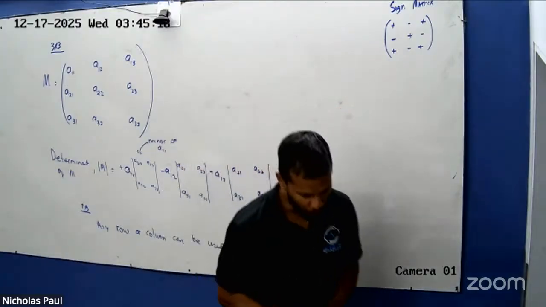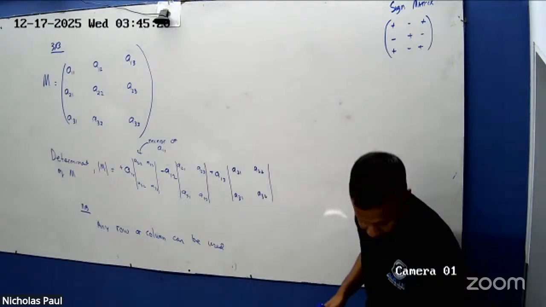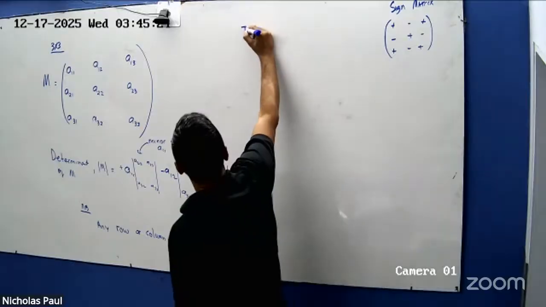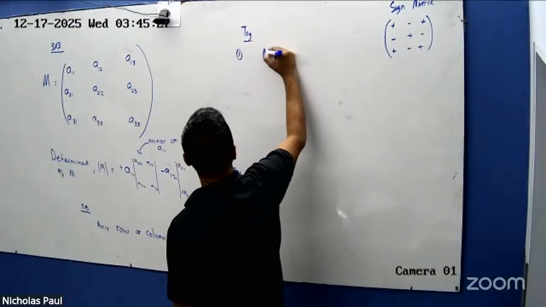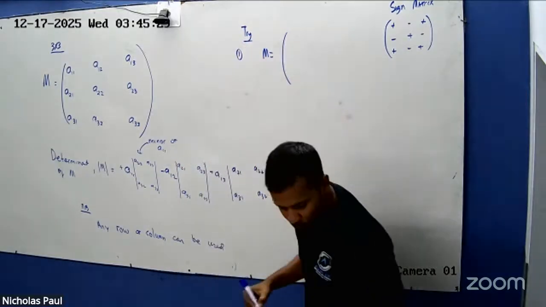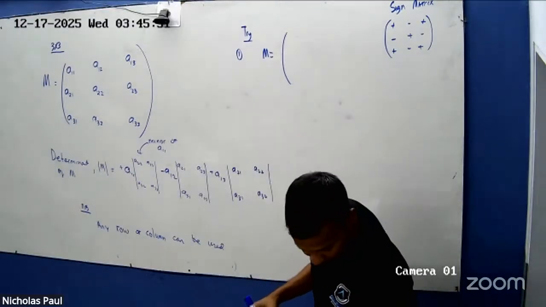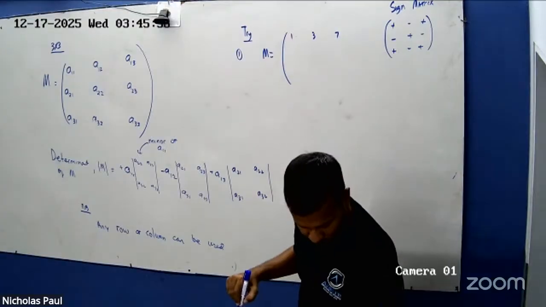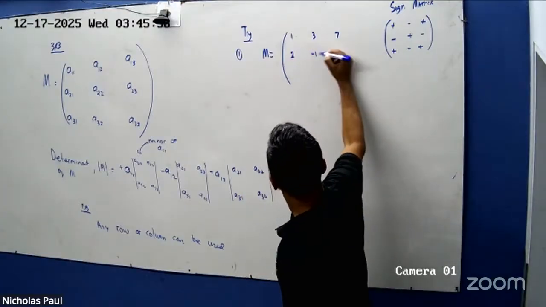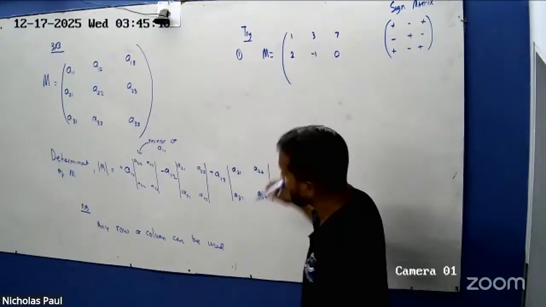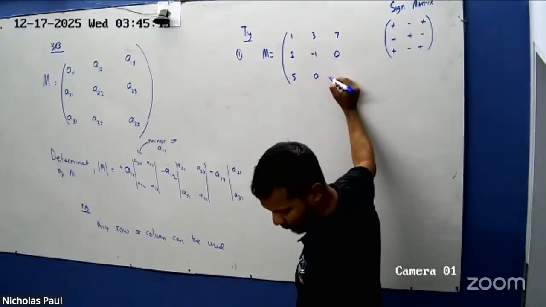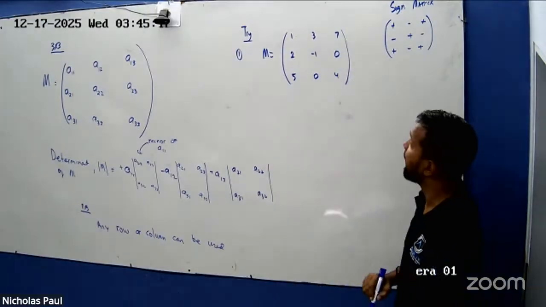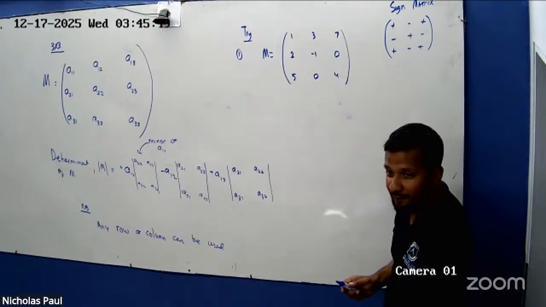So tell me which row you can choose here. I'll give you an example. Let's try this here. You tell me which row you're going to use and why. First one? Second one?